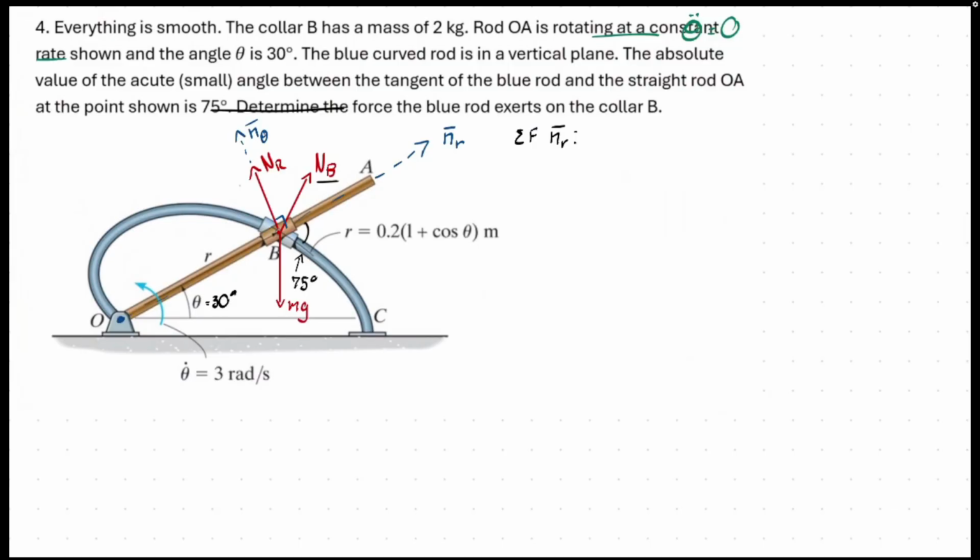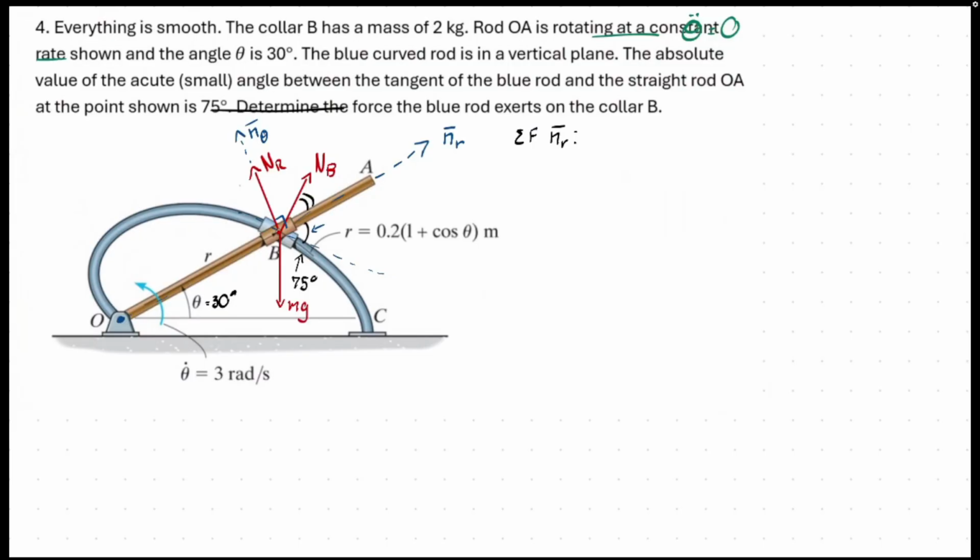So this one, we have to figure out what this angle right here would be. If we draw this tangent line, this angle is 75.